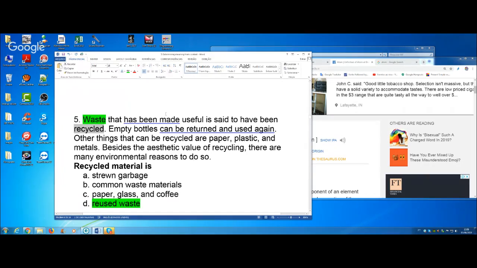Waste that has been made useful is something that is reused. You can reuse waste. It is said to have been recycled, and this is the meaning of recycle. This is how I got to the conclusion with the first sentence. Okay, go ahead.